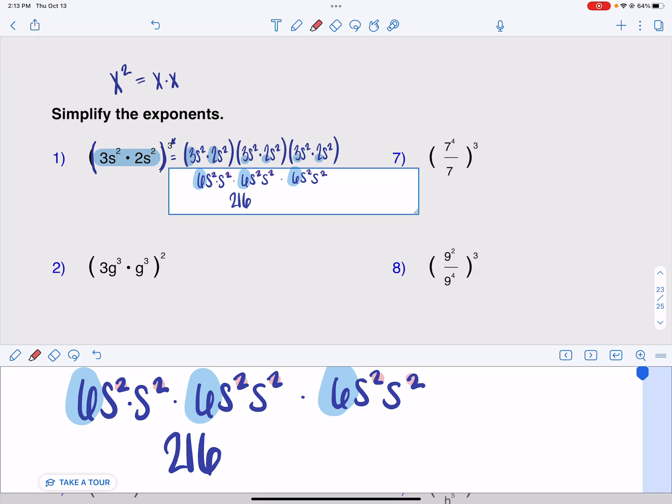Well, I have a whole bunch of s's and they all have exponents, so I'm going to add up the exponents. I have 2 and 2 right here, so that's 4. And 4 more is 8. And 4 more is 12. So this is 216s to the 12th power.